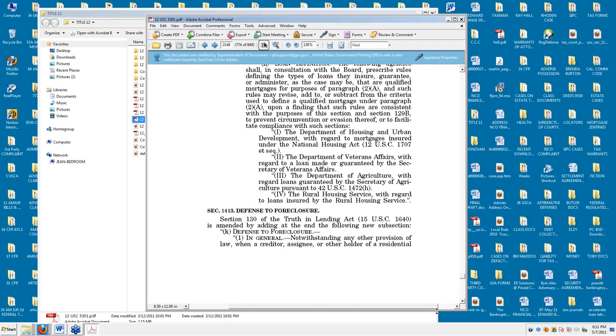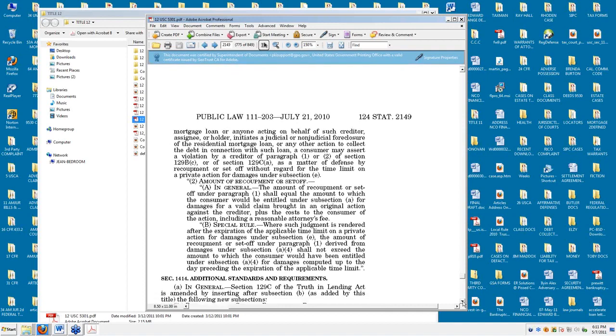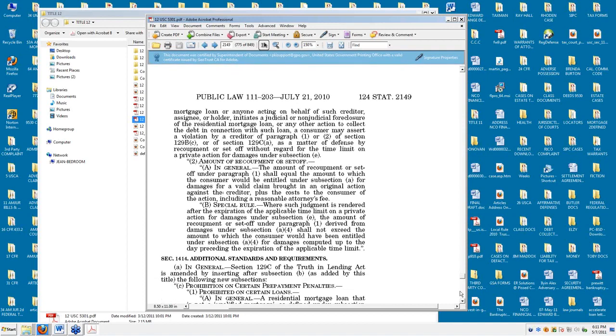Number 1, in general, notwithstanding any other provision of law, when a creditor, assignee, or other holder of a residential mortgage loan, or anyone acting on behalf of such creditor, assignee, or holder, initiates a judicial or non-judicial foreclosure of the residential mortgage loan or any other action to collect the debt in connection with such loan, a consumer may assert a violation by a creditor of paragraph 1 or 2 of section 129B, small c, or of section 129C, small a, as a matter of defense by recoupment or set-off without regard for the time limit on a private action for damages under subsection E.